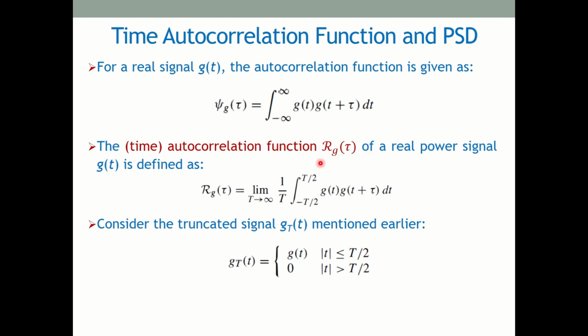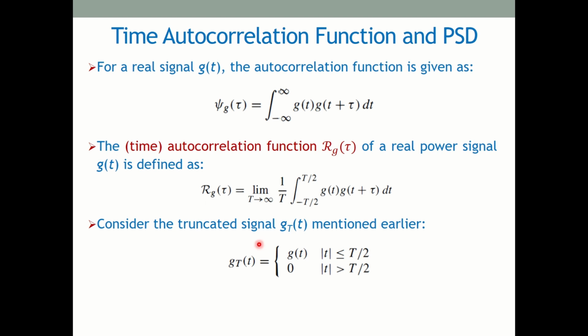So the time autocorrelation function is denoted by Rg, and this Rg of a real power signal gt is defined through this expression. Within a certain limit, minus T by 2 to T by 2, we determine, and we have 1 by T outside, so we determine the autocorrelation, and because of this time average, this same autocorrelation is now called time autocorrelation.